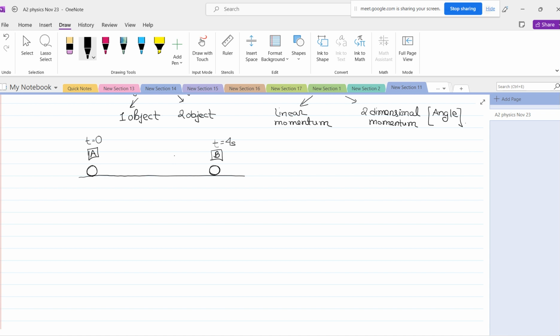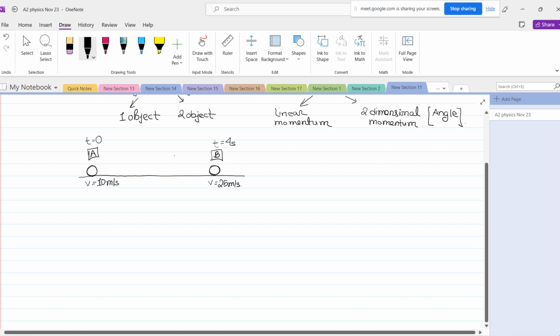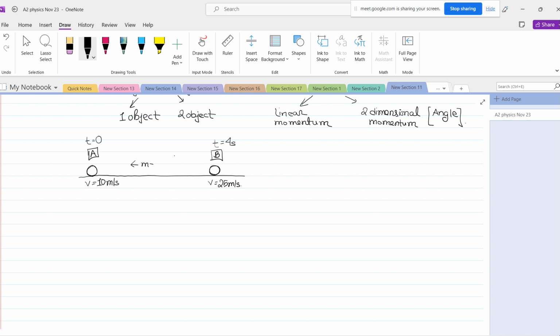So the object rolled from point A to point B in 4 seconds. The velocity at point A might be 10 meters per second, and the velocity at point B might be 25 meters per second. Obviously the mass of the object didn't change during the entire journey, so it stays the same, say 2 kg.